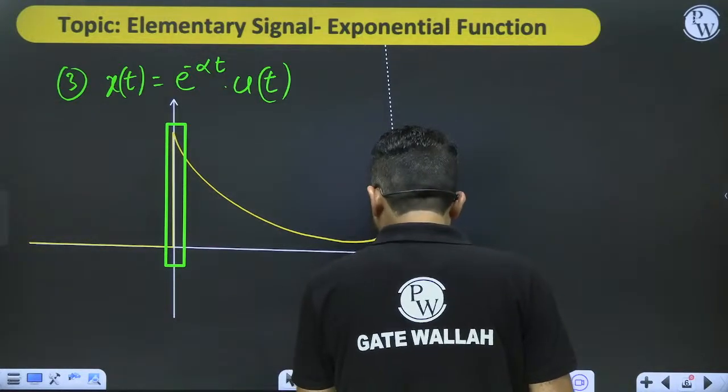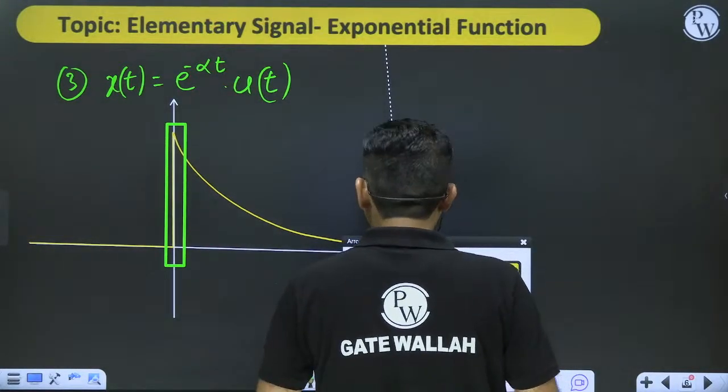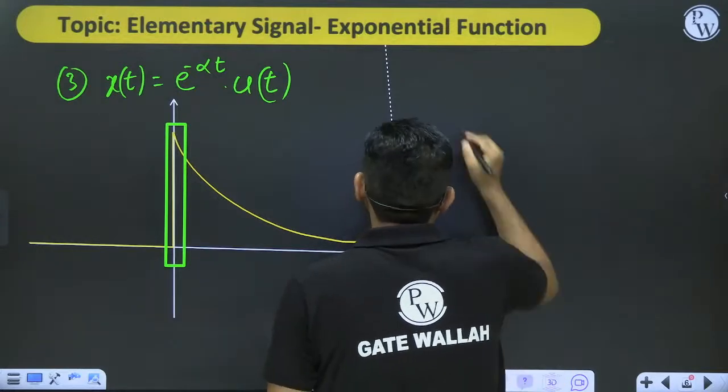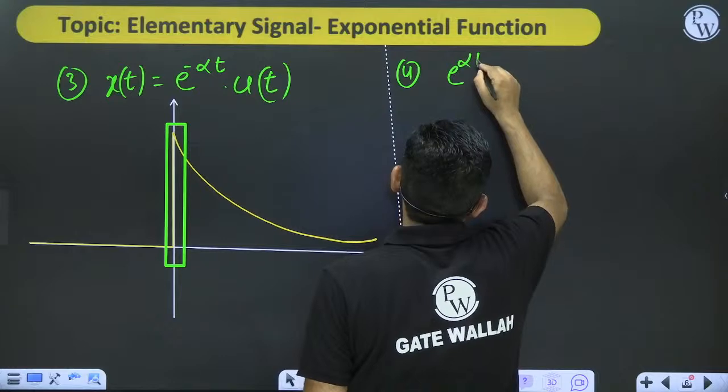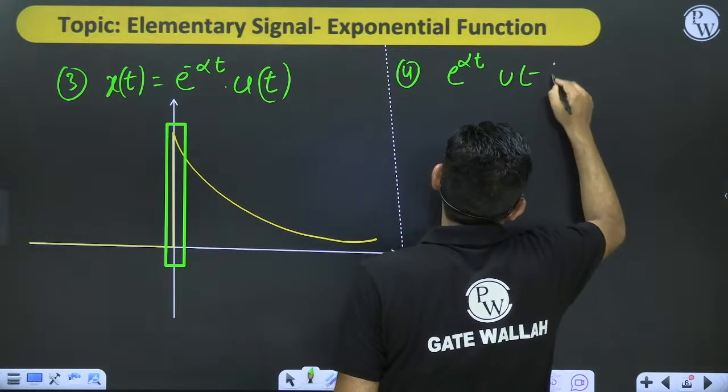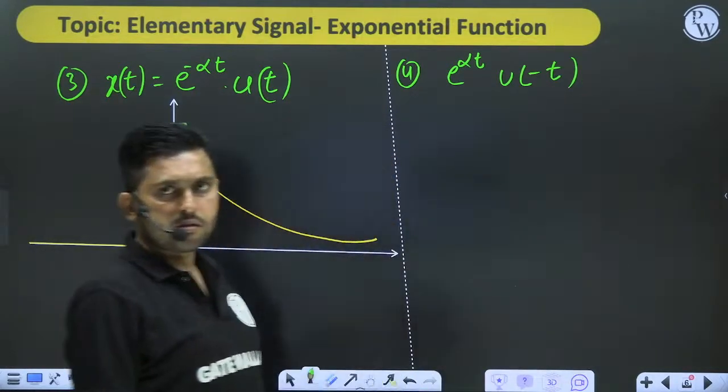Okay, similarly, if I want to plot, let's say the fourth one, e to the power alpha t u minus t, what you will get?